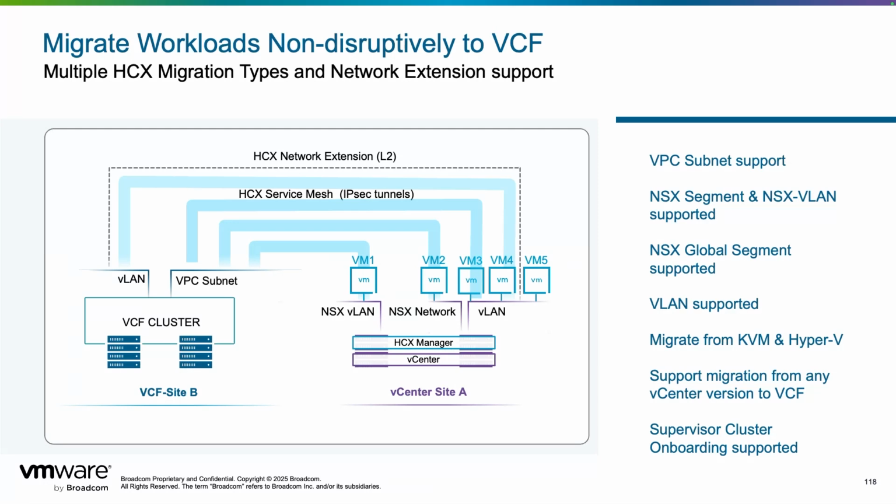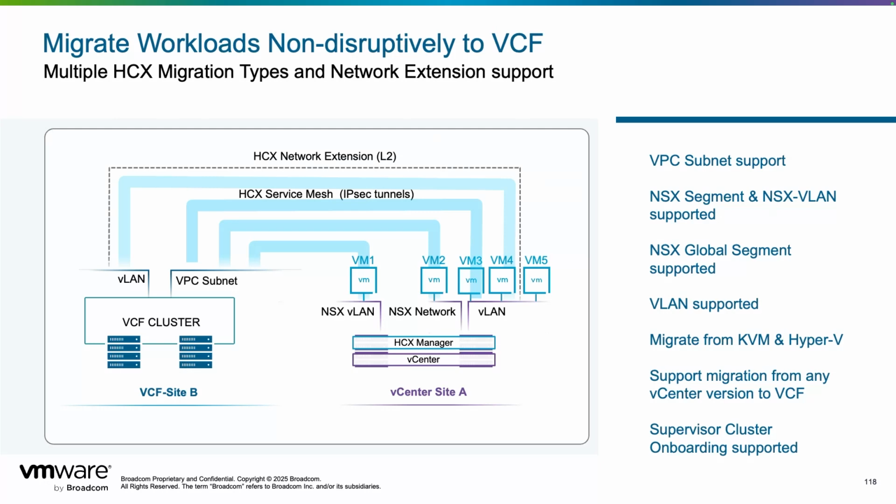Or a customer might be looking into migrating existing virtual machines into the latest and greatest VPC subnets. They can use HCX to non-disruptively migrate into a VPC subnet or even between VPC subnets.